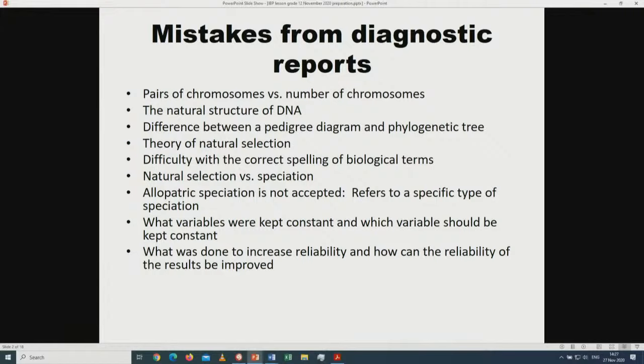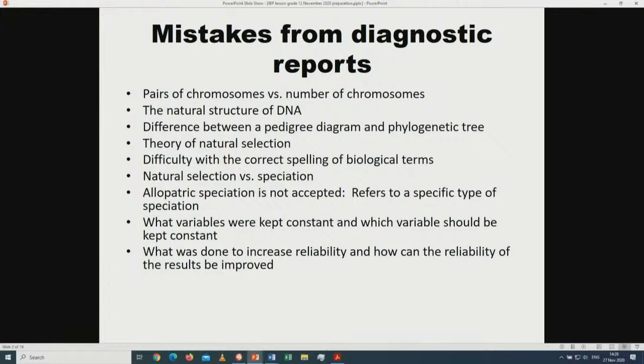The theory of natural selection and speciation. At times, the process of speciation is asked through natural selection. We know that the type of speciation that we cover in our grade 12 syllabus is speciation due to a geographical barrier, and that occurs through natural selection.